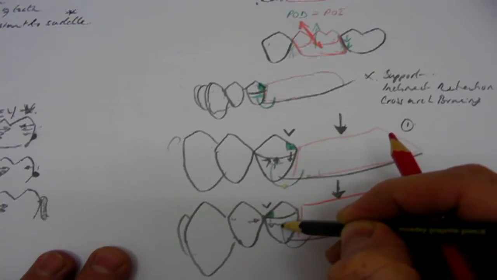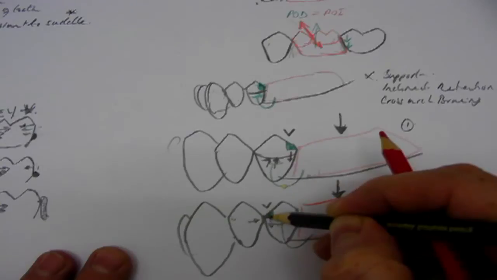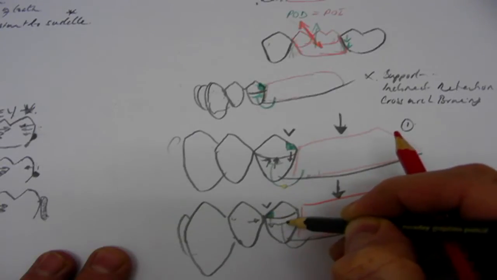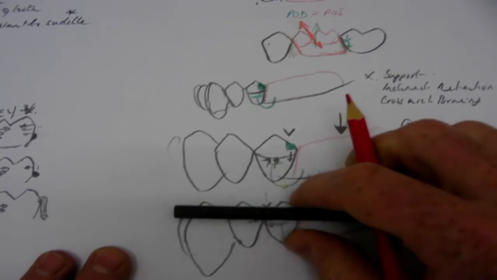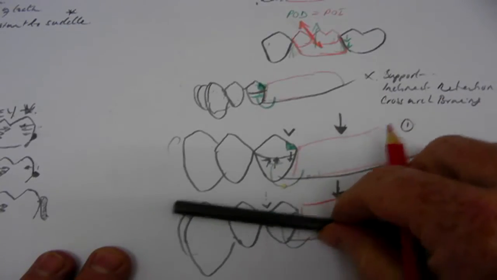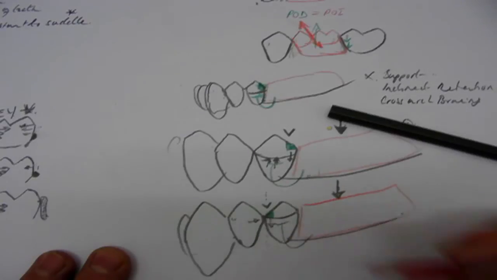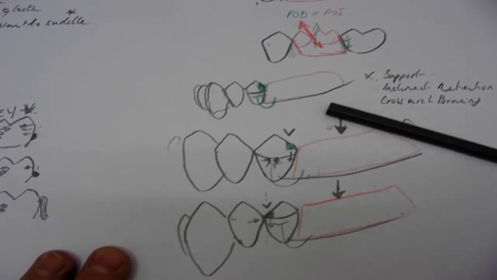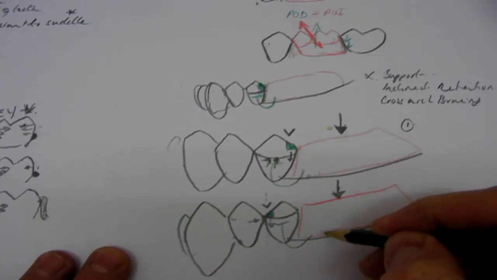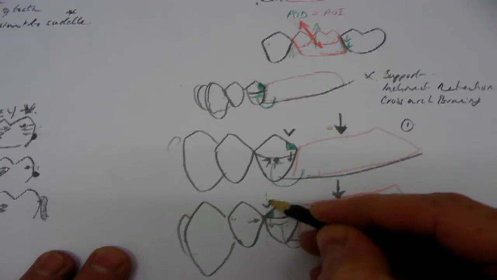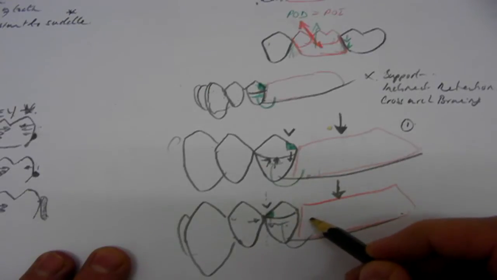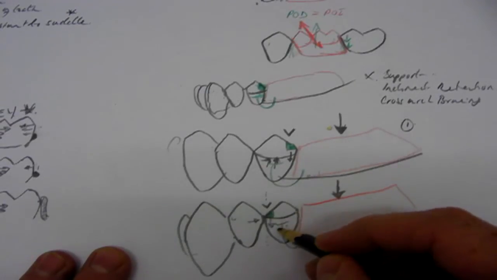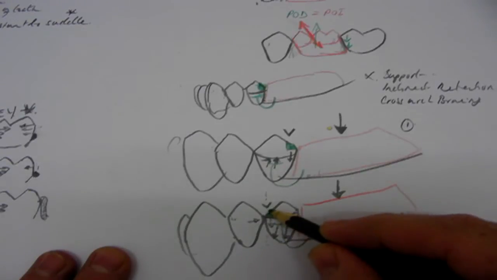But it gets better than that, because now we've moved the axis of rotation forward, and it's critically the other side of this clasp tip. So this is the axis now about which the denture is going to rotate. Okay, and look at the action of the clasp tip now as it does rotate. As this gets pressed down, the clasp tip is the same side as the saddle, the same side as the saddle from the occlusal rest. So this is going to move down in the same direction around this pivot.